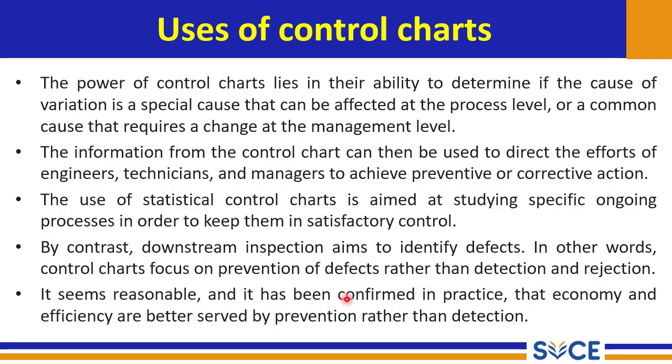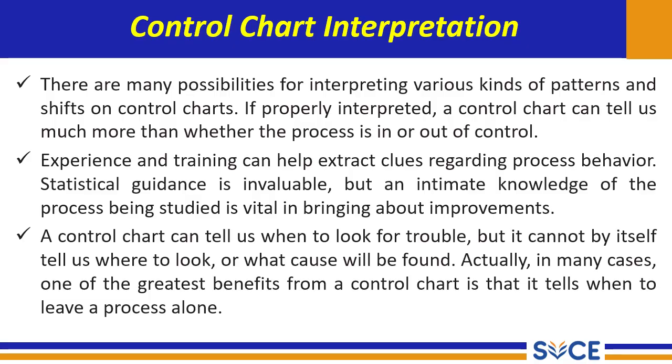So it seems reasonable, and it can be confirmed in practice, that economy and efficiency are better served by prevention rather than detection. So the interpretation: there are many possibilities for interpreting the various kinds of patterns. If properly interpreted, the control chart can tell us much more about whether the process is in control or out of control. So experience and training can help to extract clues regarding process behavior.